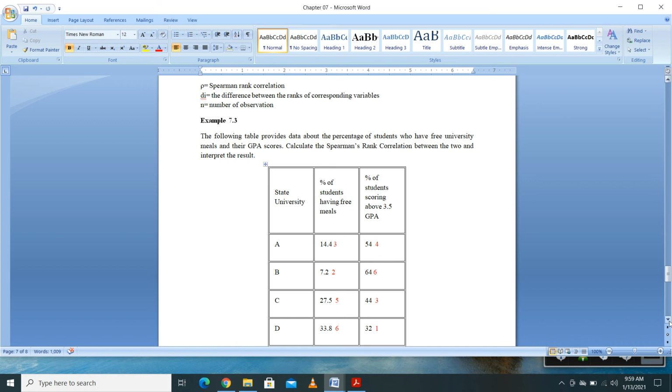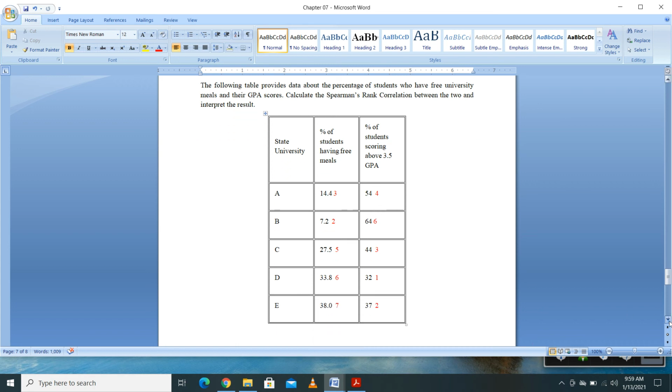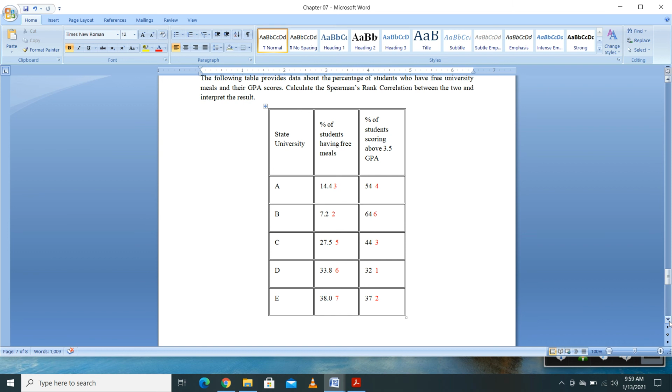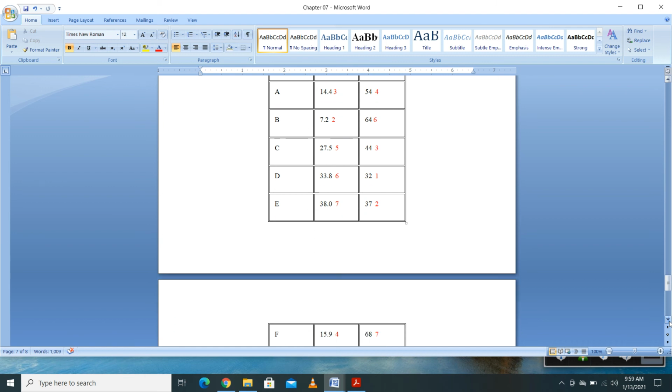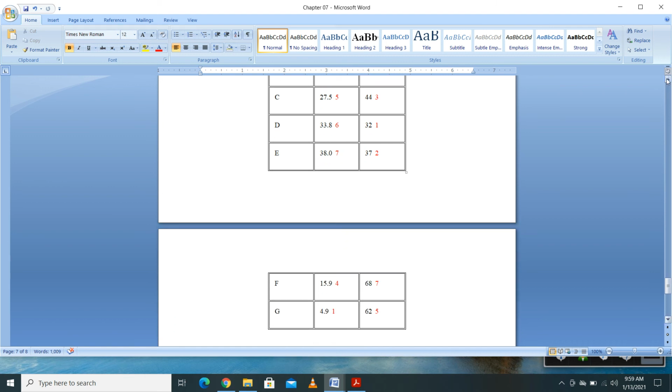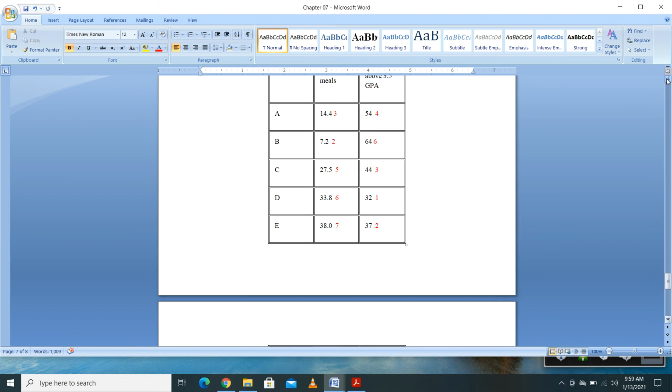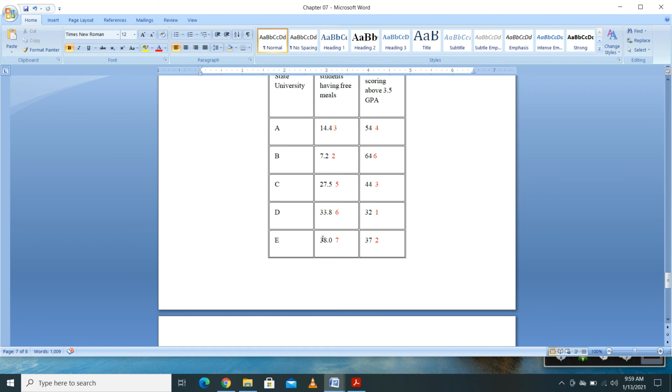Now when you are applying the rank correlation, the first thing that you have to do is rank your data within each sample. You take the first data set, that is the free meals. You have to apply the ranks.